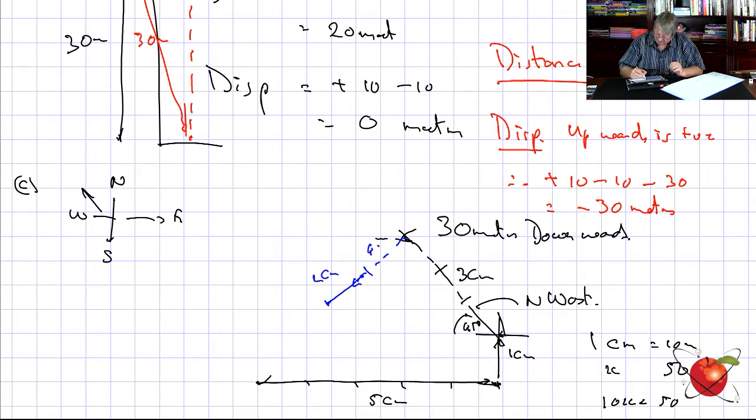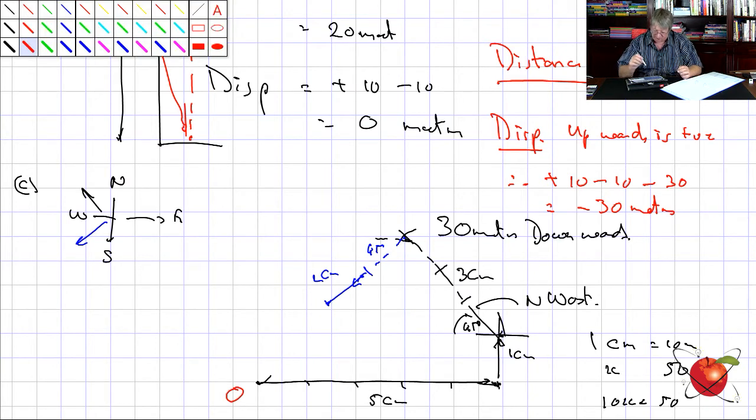And this angle is at 45 degrees because that is southwest. Therefore, my resultant that I have to find is from the origin to, and let me use a straight line for that. There. So let's just go back to where we were.